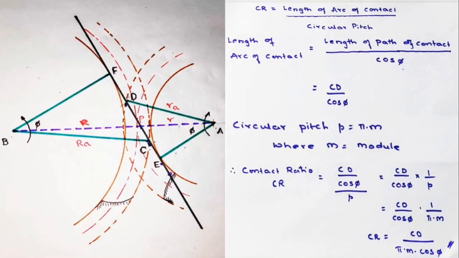So for a high or larger contact ratio, there will be more quick operation of the gears. These are a few important points that one needs to note when we learn about contact ratio. The lesser the contact ratio, the lesser will be the speed. The larger the contact ratio, the more will be the speed, or the more quickly the gears will operate. So this is about the contact ratio.